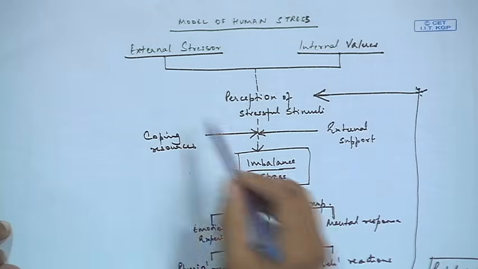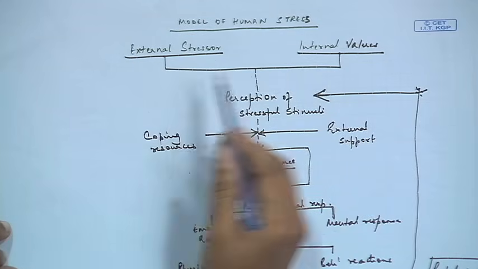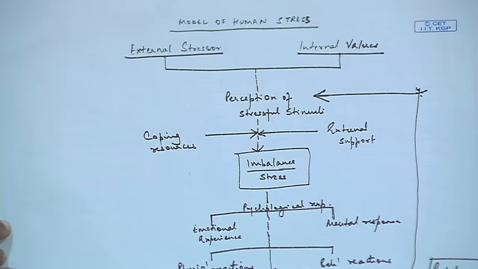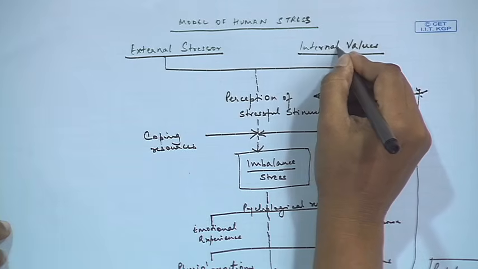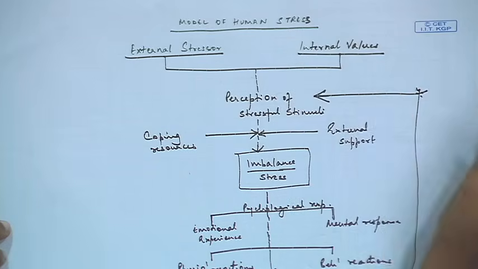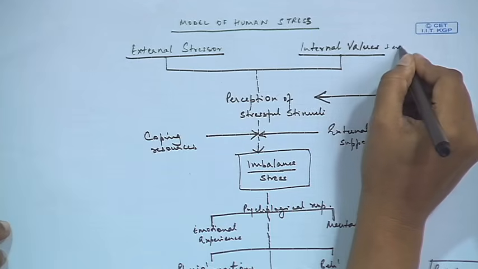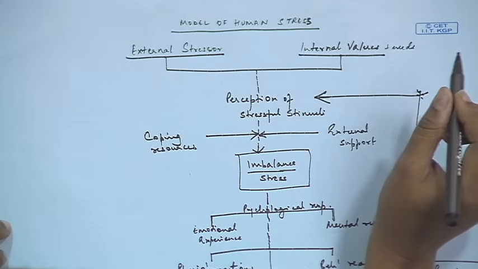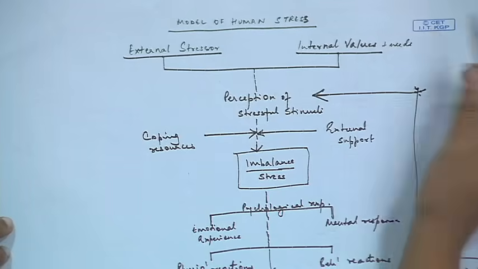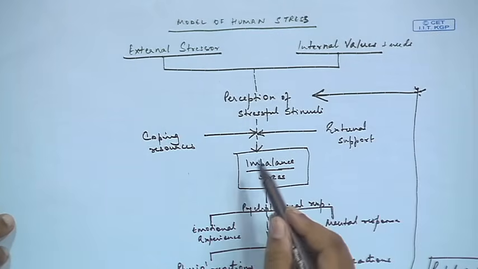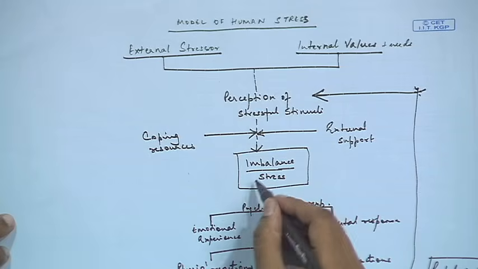Now, if my internal values tell me that this is a stressful situation, and this is of prior importance, a very important issue, then I will consider it much more stressful as compared to a person who does not think that this is very important. These combine to make the act of stress, or induce stress.